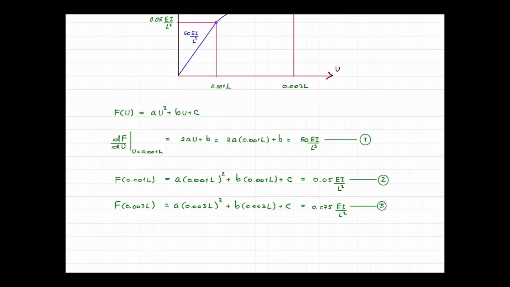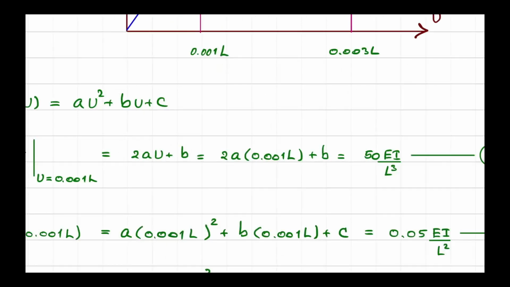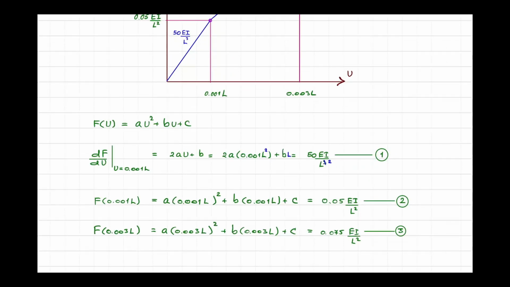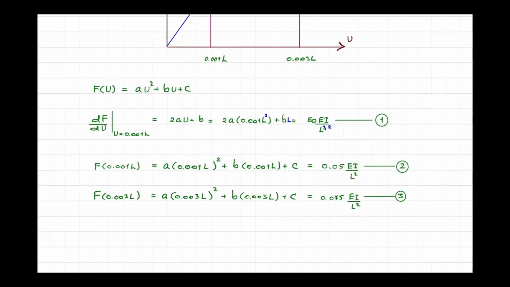Basically, for equation number 1, if you multiply through by L, you get L square, not the whole bracket square, just L square, and bL, and this turns out to be 2. So equations 1, 2 and 3 are basically pretty much the same.